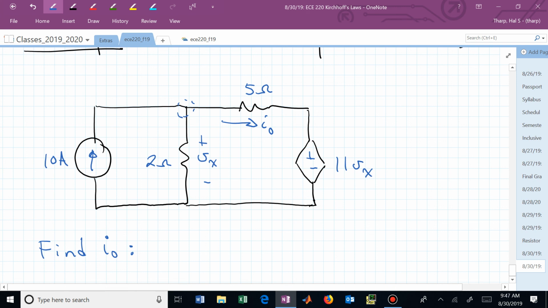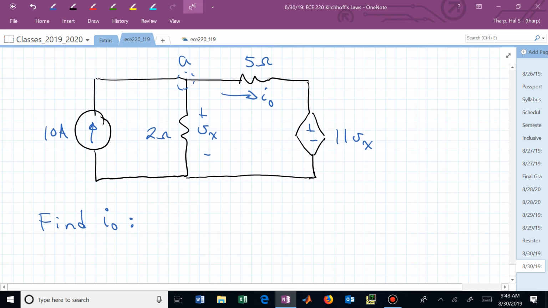What if I wrote a KCL equation at that particular node, at node A? Can we do that? Let's just write some equations down. Now we have KCL at A. 10 is coming in.